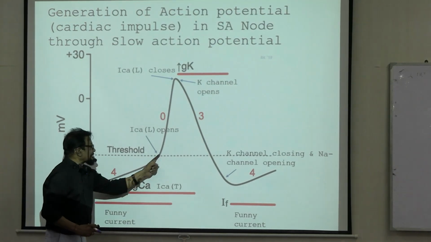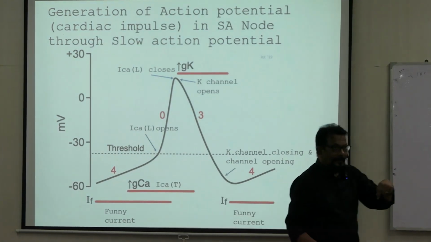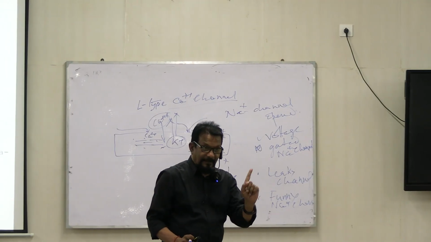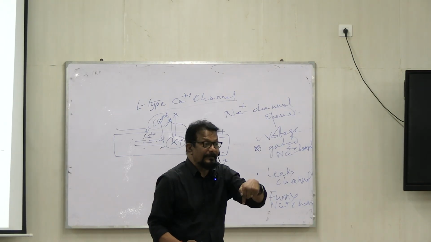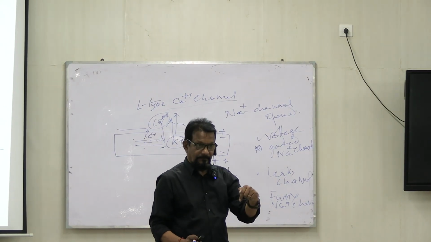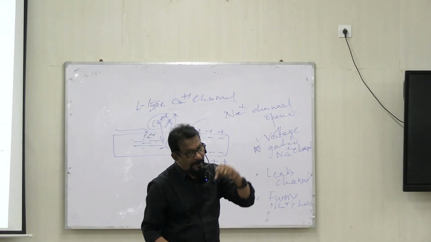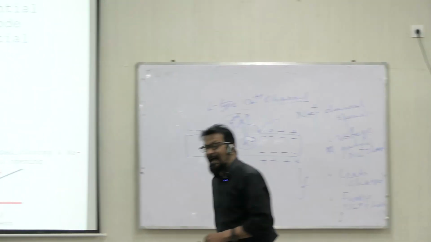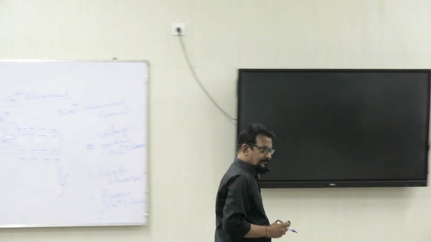And the second part, what will happen here? Together with sodium ion entering through the funny channel, there will be entry of calcium ion. So sodium ion is entering, calcium ion is also entering, and this calcium channel is transient.